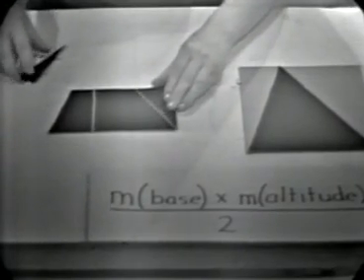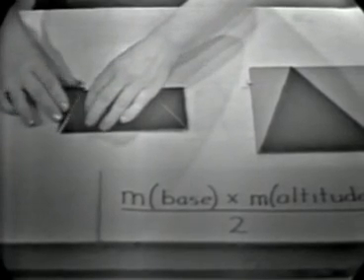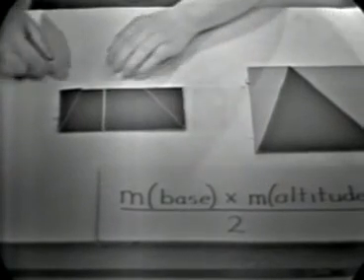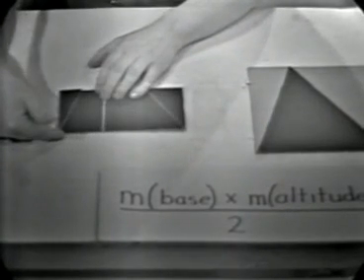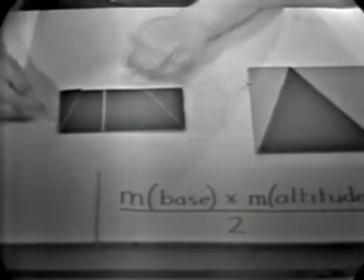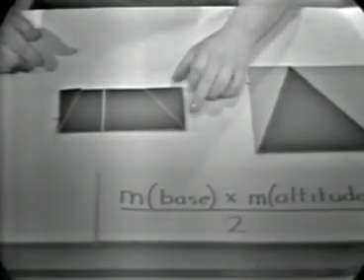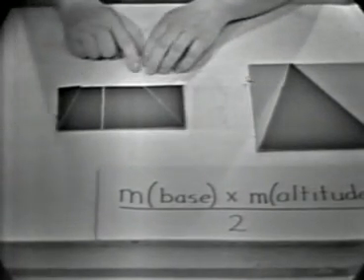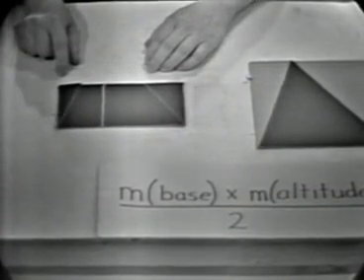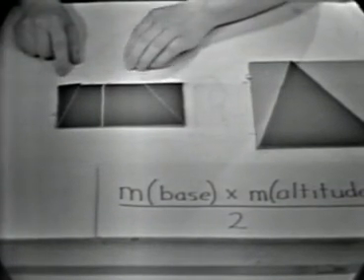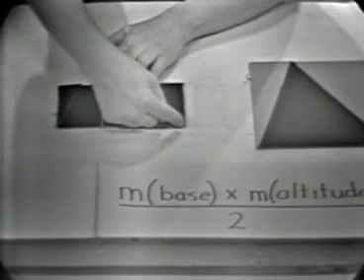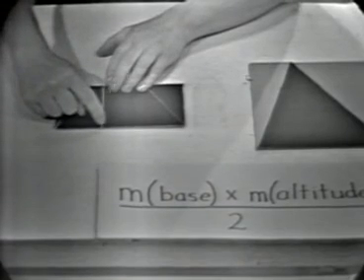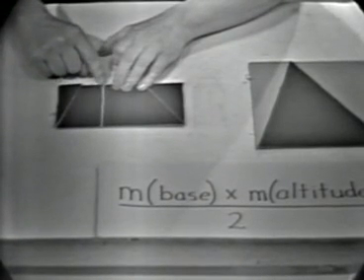Again, we build a rectangular region whose base is the same as the base of the triangle, whose height is 1/2 the altitude. Using this model, the measure of the triangular region then can be determined by the measure of the base times the measure of 1/2 the altitude.